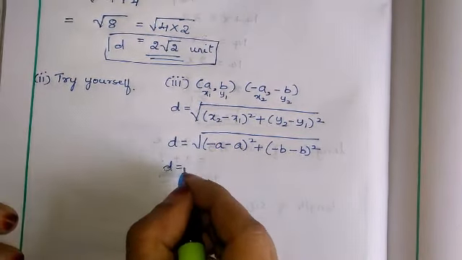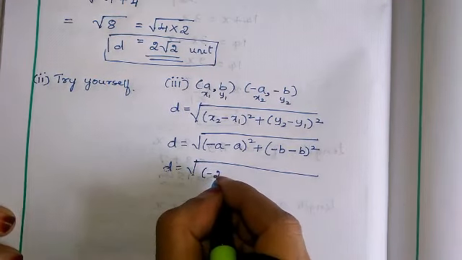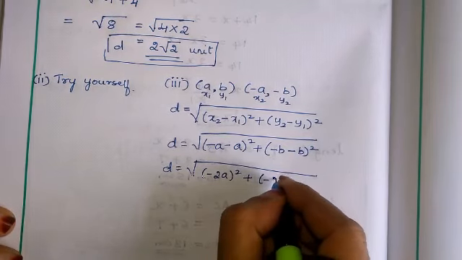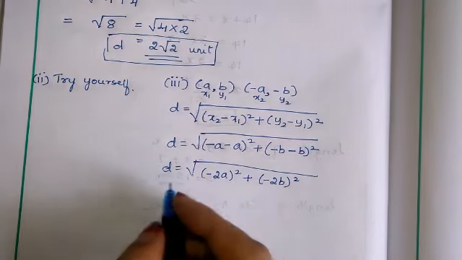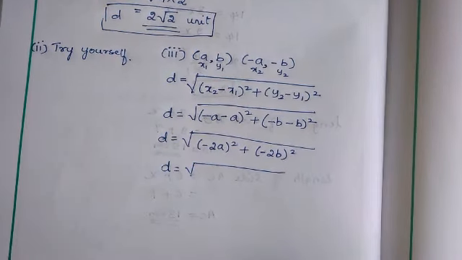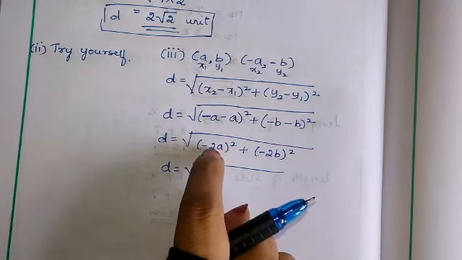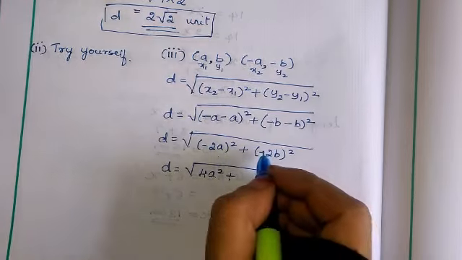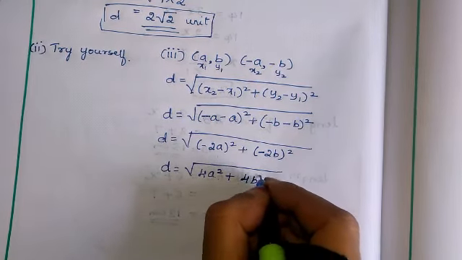So d is equal to root of minus minus is plus, minus 2a whole square, plus minus 2b whole square. Now the negative sign squared, I have told you, becomes positive. 2 square is 4, a square as it is, plus 2 square is 4, b square as it is.